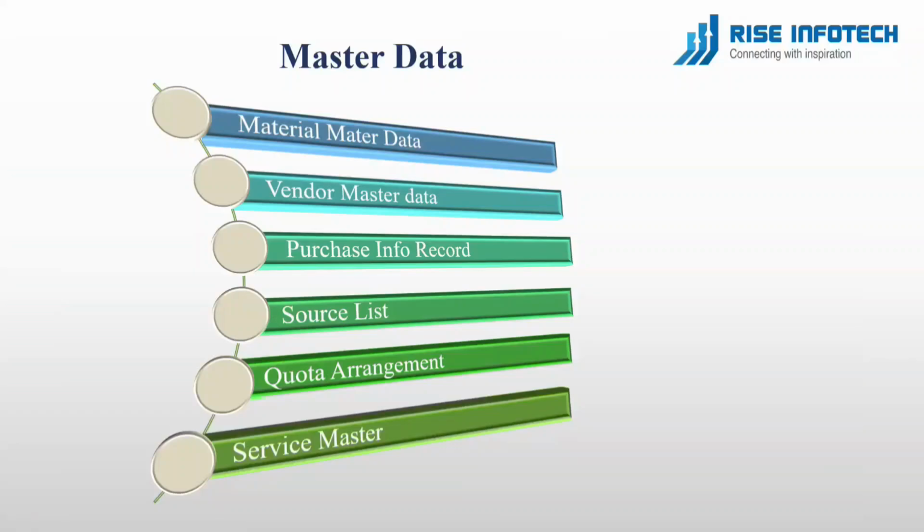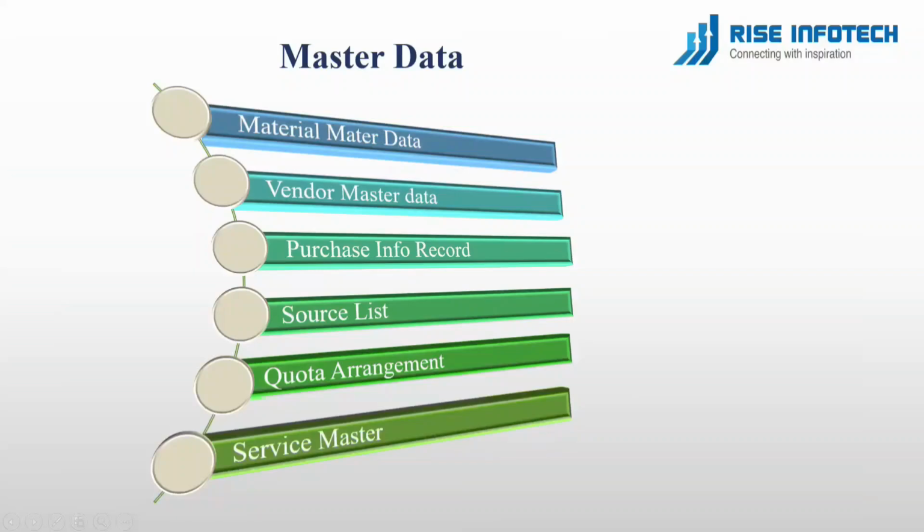Vendors are the ones who supply the materials along with service. That is called vendor master data. Then PIR. PIR means purchase info record. The standard quantity or minimum ordered quantity, any quantity, one price is considered. The price issued from the vendor is maintained in the PIR. That is called purchase info record.